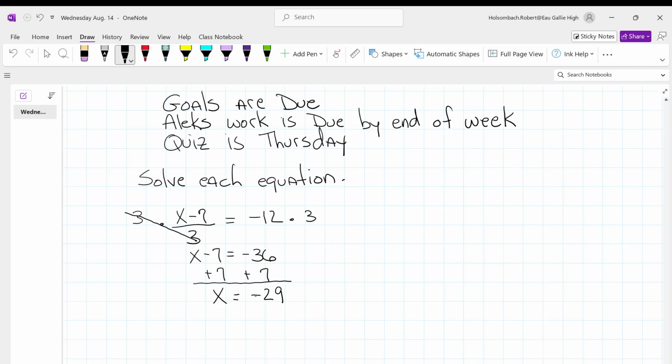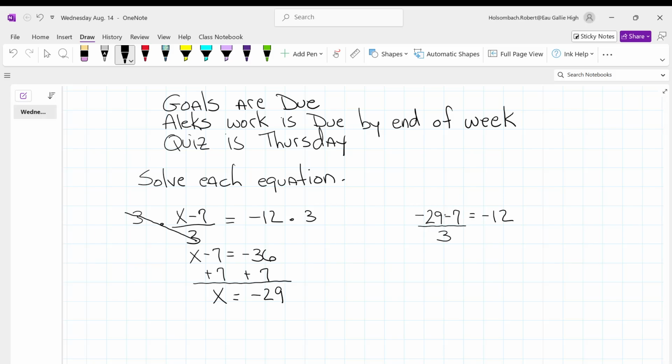Now, when you're solving for a variable, you can always check your answer. You check your answer by going back to the original problem, which was x minus 7 over 3 equals negative 12, and substitute the negative 29. So negative 29 minus 7 needs to be divided by 3 equals negative 12.